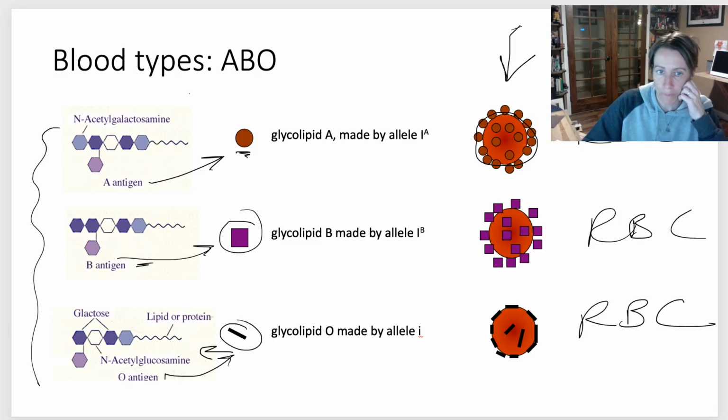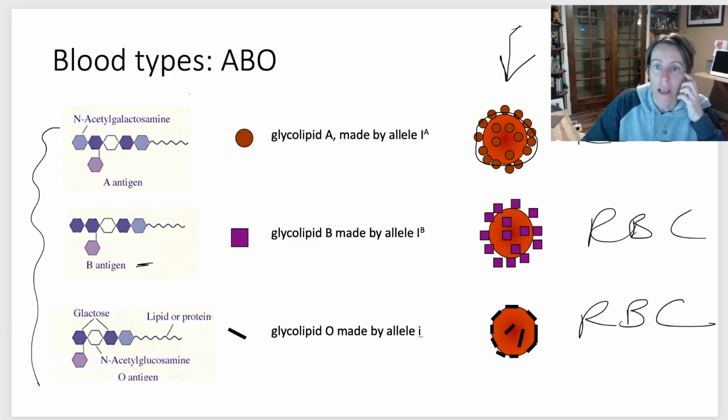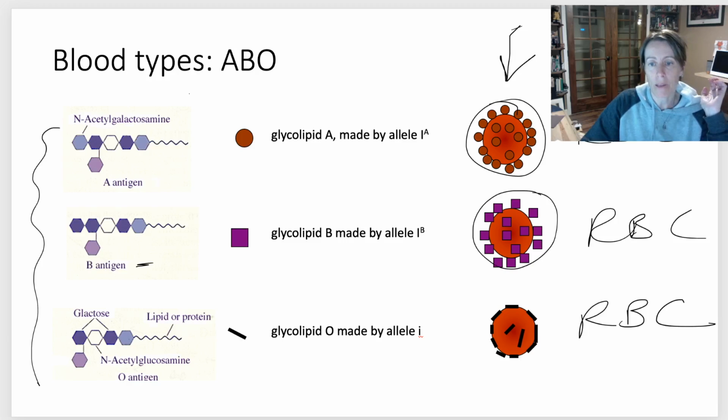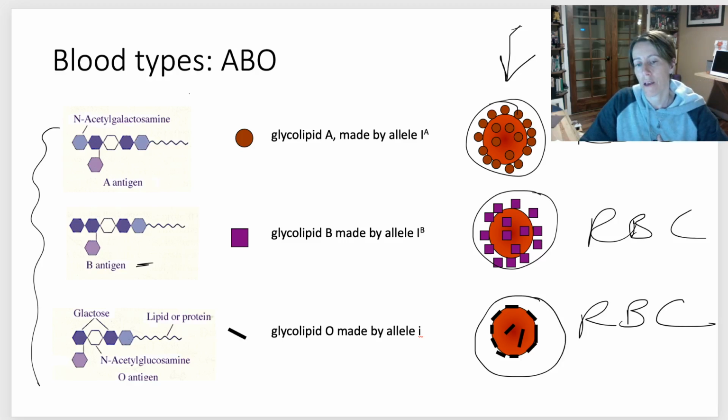glycolipid, right? So if we were to put that in, look over here, this red blood cell is only decorated with A glycolipids. This blood cell is only decorated with B glycolipids. And this red blood cell is only decorated with O glycolipids.